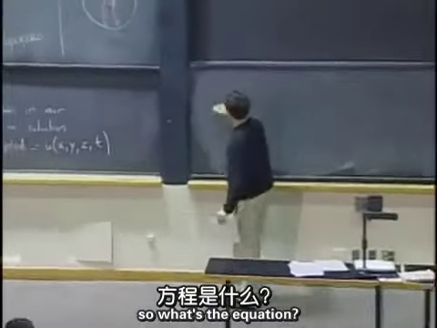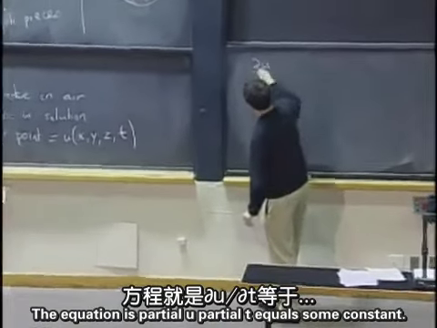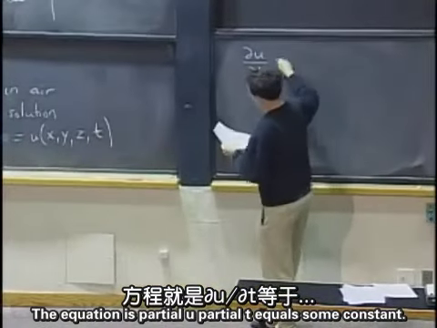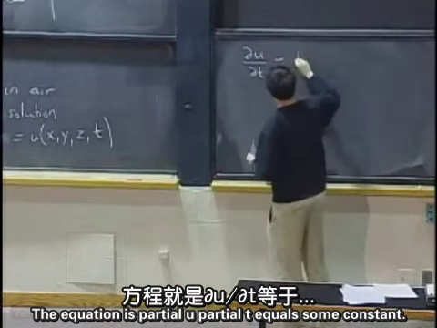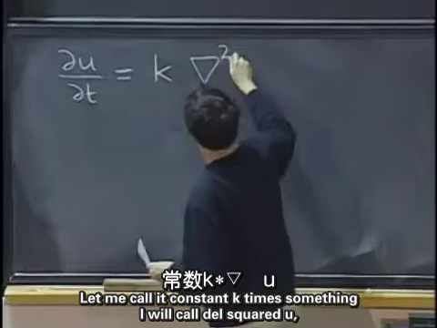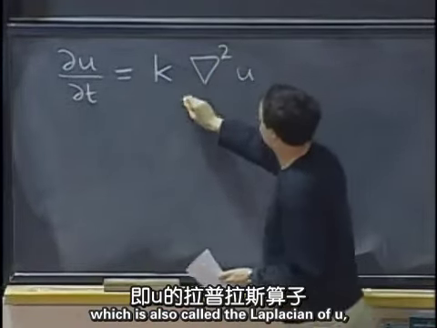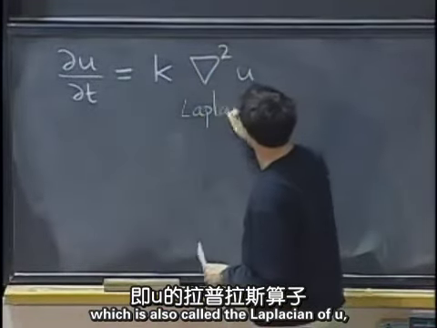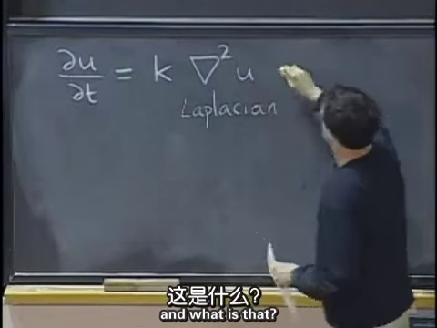So what's the equation? The equation is partial u, partial t equals some constant, let me call that constant k, times something I will call del squared u, which is also called the Laplacian of u. And what is that?